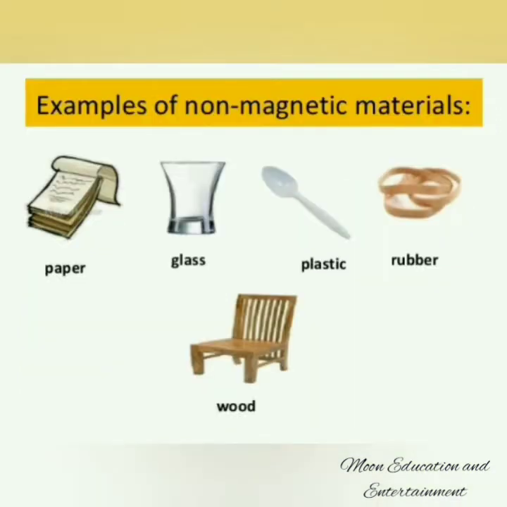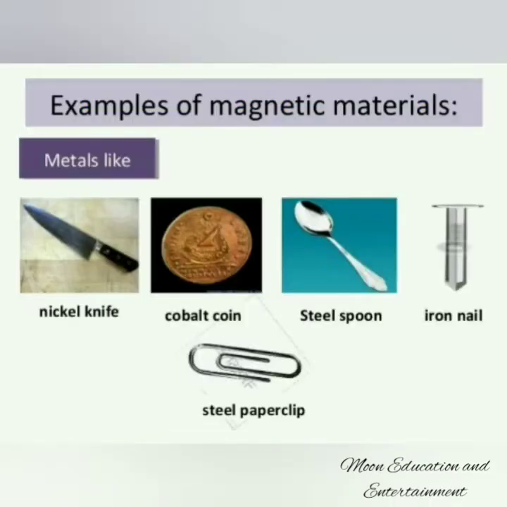Examples of non-magnetic materials: paper, glass, plastic, rubber and wood. Examples of magnetic materials: nickel, cobalt, steel and iron.